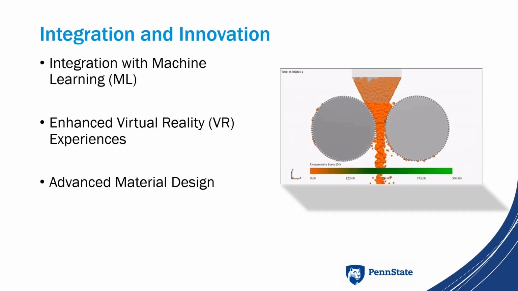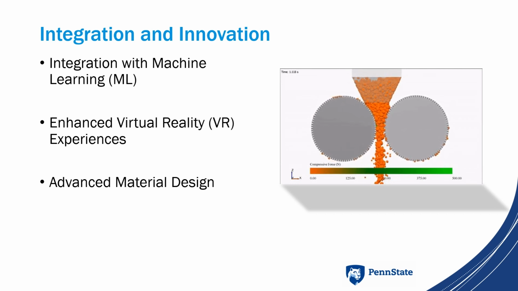Expanding the franchise of DEM through integration and innovation. With the integration with machine learning, the synergy between DEM and ML is poised to revolutionize predictive modeling in material science and engineering. Machine learning algorithms can analyze vast datasets generated from DEM simulations to identify patterns and insights that would be impractical for human analysts to discern.